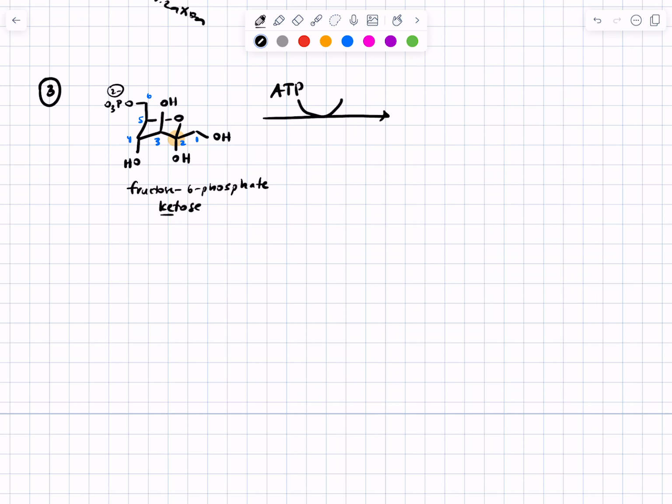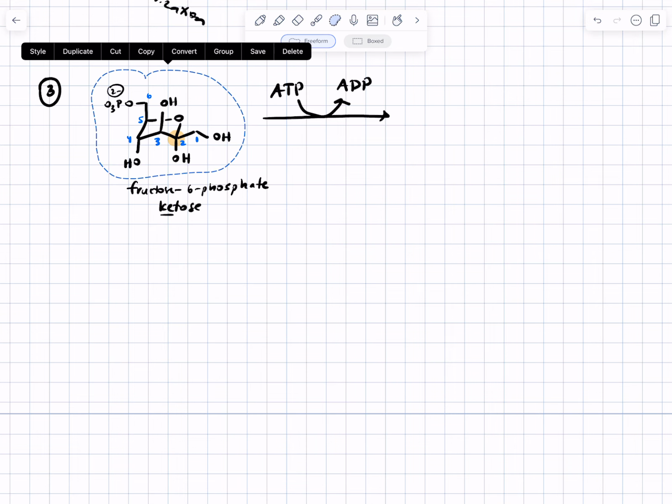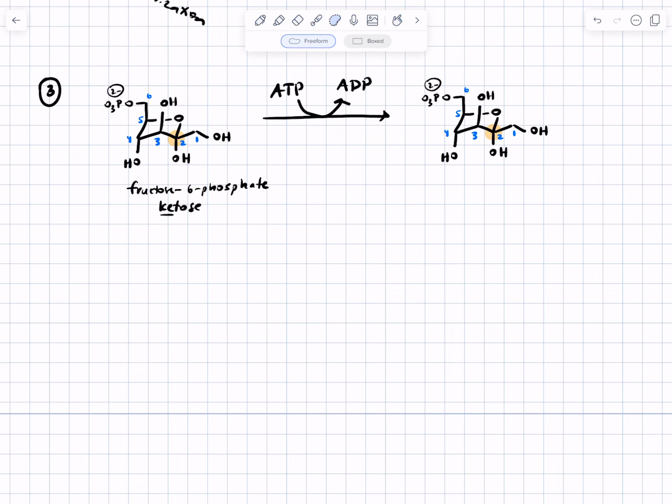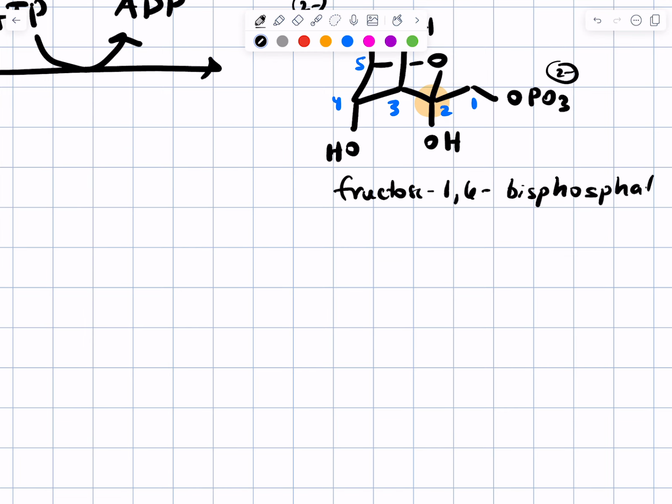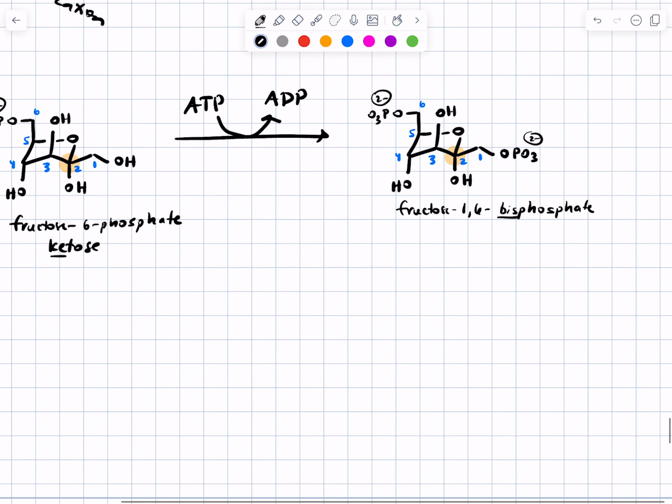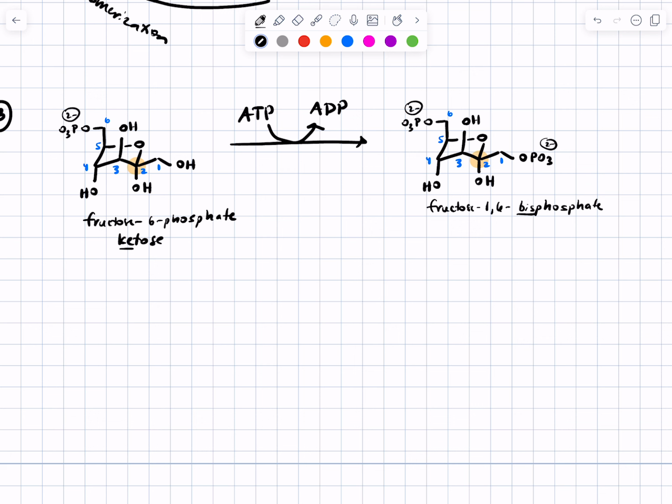We're going to again transfer the gamma phosphate group from ATP, but this time we're going to transfer it to the C1 hydroxyl to give what's called fructose 1,6 bisphosphate. The 1,6 tells you where the two phosphates are. The bis tells you that there are two phosphate groups.